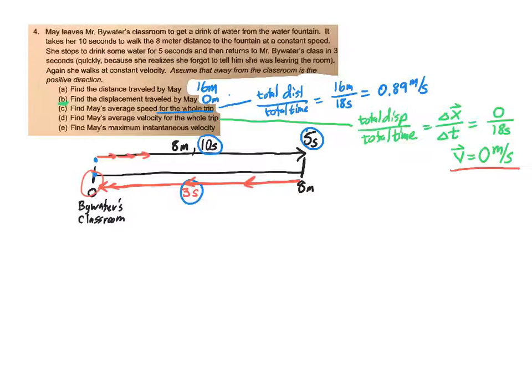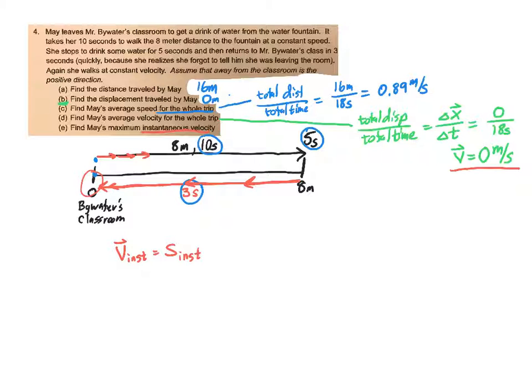Letter E is find May's maximum instantaneous velocity. Instantaneous velocity is basically the same thing as instantaneous speed, except, of course, velocity is a vector and has a direction. So I'm going to find out how fast she's going in each of these scenarios.